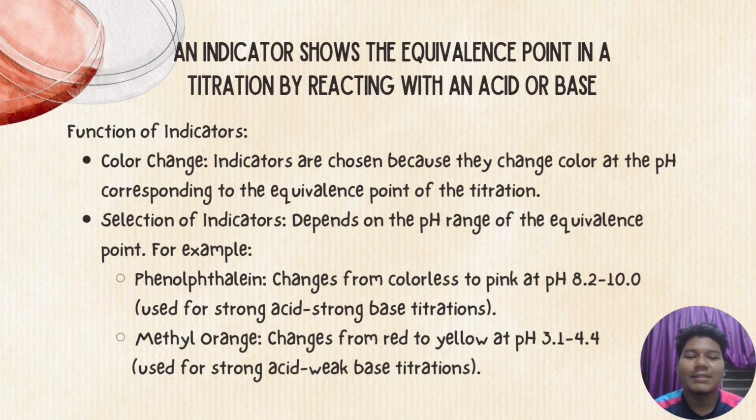Next is selection of indicators. It depends on the pH range of the equivalence point. For example, phenolphthalein changes from colorless to pink at pH 8.2 to 10, used for strong acid, strong base titrations. Next is methyl orange. It changes from red to yellow at pH 3.1 to 4.4, and it is used for strong acid, weak base titrations.